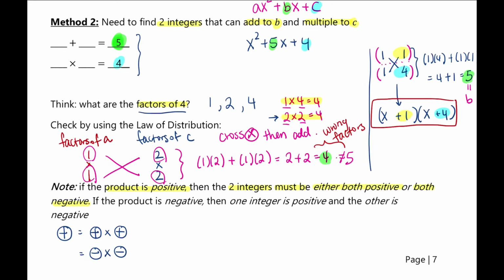And if the product is negative, then one integer is positive and the other must be negative. This is a case where a negative product equals either a negative times a positive or a positive times a negative. We just need to have one negative and one positive.